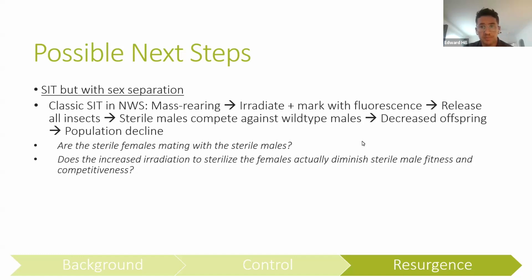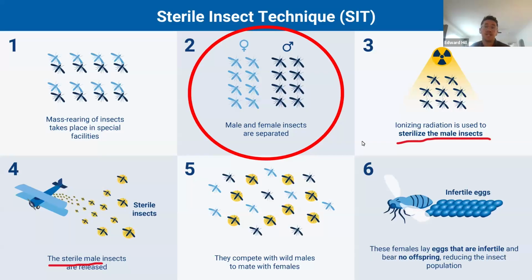So for this reason, scientists are looking at introducing sex separation into the SIT. We already do this with agricultural pests like the Mediterranean fruit fly, and we also do this with Aedes and Anopheles mosquitoes. In this new version, what we do is very similar. We mass rear all the insects, then we somehow separate them.